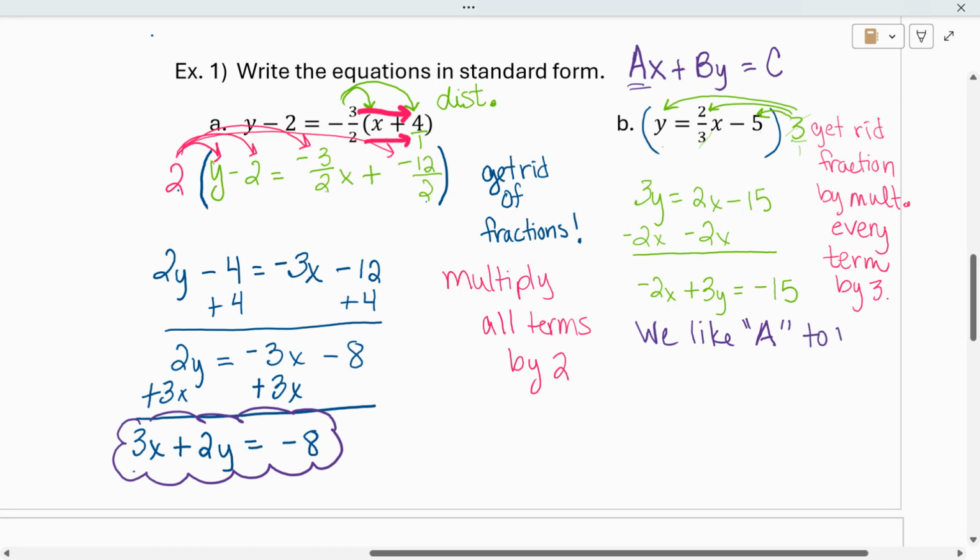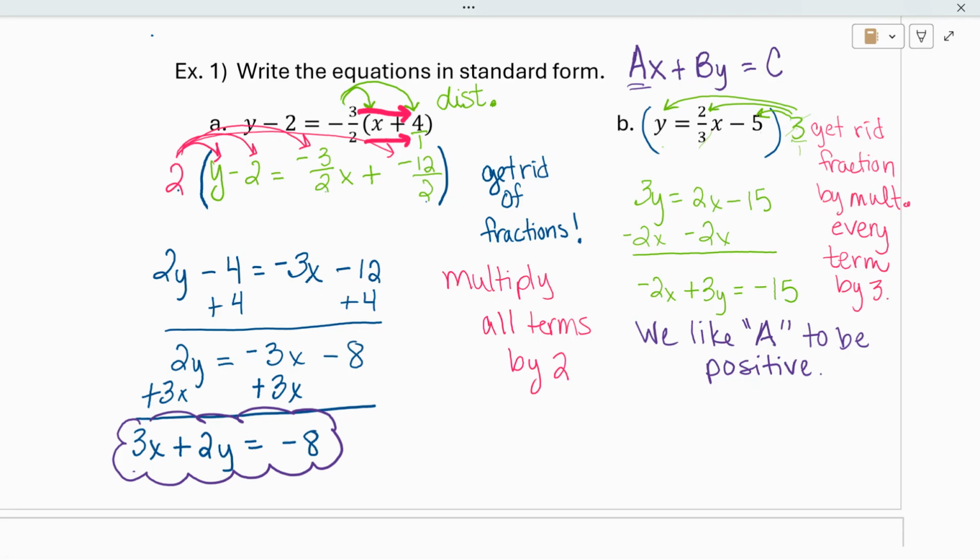So remember, we like A to be positive. How am I going to make A positive? What is something that I can multiply everything by to change the sign but doesn't change the value? Think of it like this. What if I had a negative x? If I had negative x equals 4, what would you do to both sides?